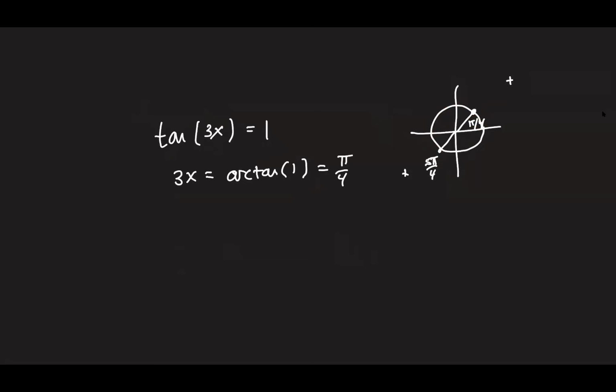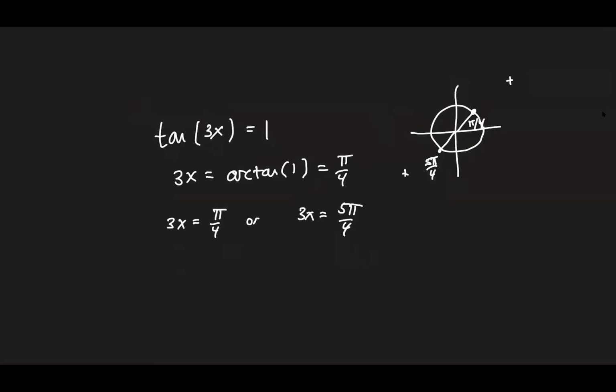So what I get, just like before, is two solutions: 3x equals pi over 4, or 3x equals 5 pi over 4. These are my two solutions in the interval 0 to 2 pi.